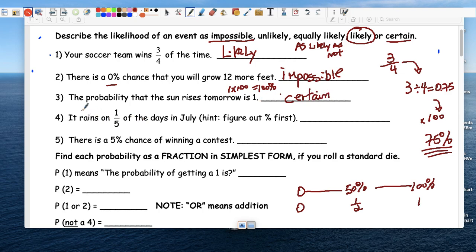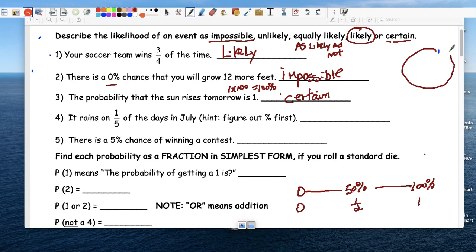It rains on 1/5 of the days in July. So let's take 1/5. You don't have to change it to a percent. If you think about 1/5, there's 5, and that's 1/5.